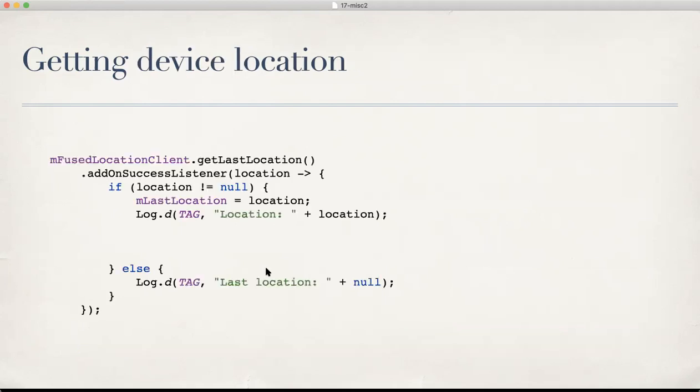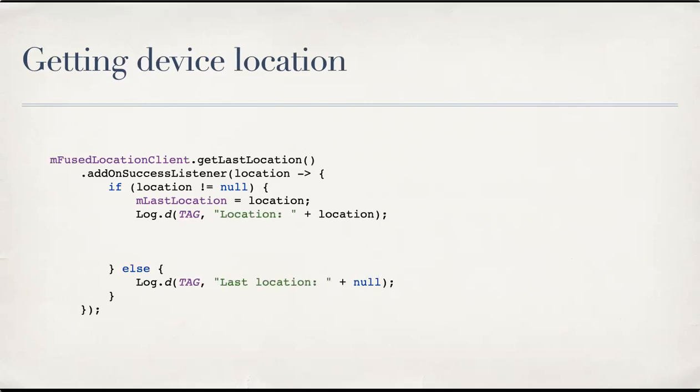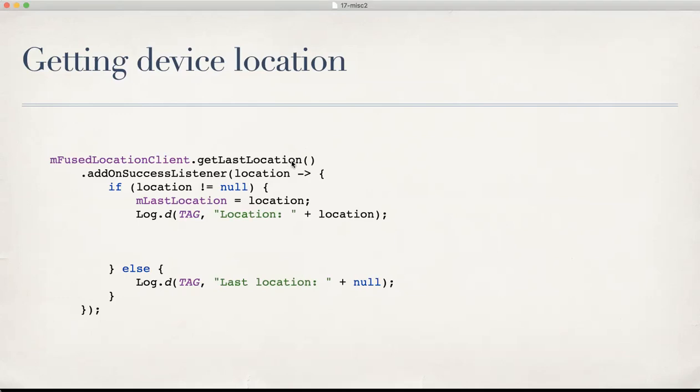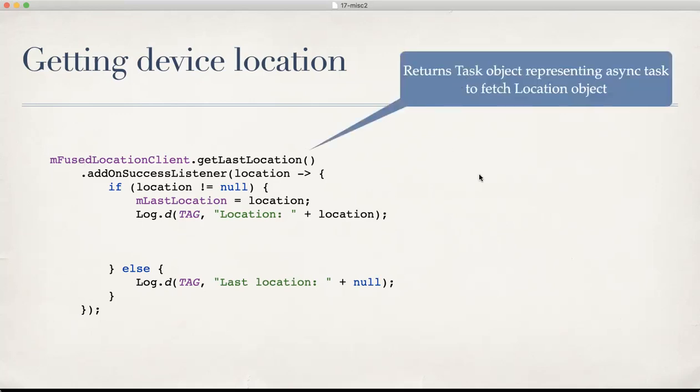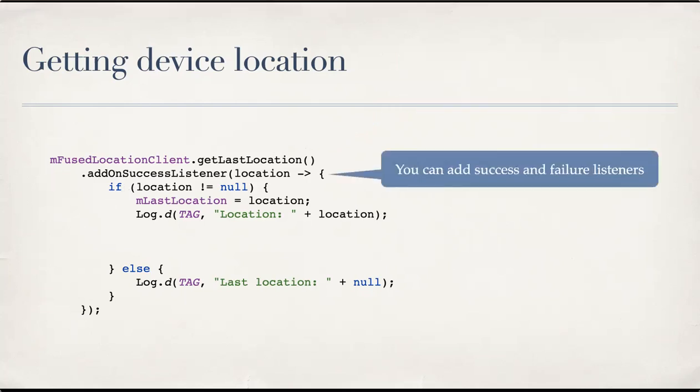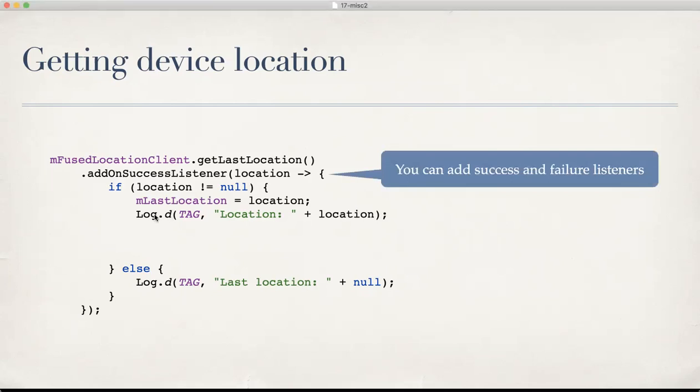Now we'll see what we can do on getting the last location. getLastLocation is a method that returns a Task object, which is actually an async task to fetch the location object. It allows you to add success and failure listeners. So here, this is an example of an OnSuccessListener.